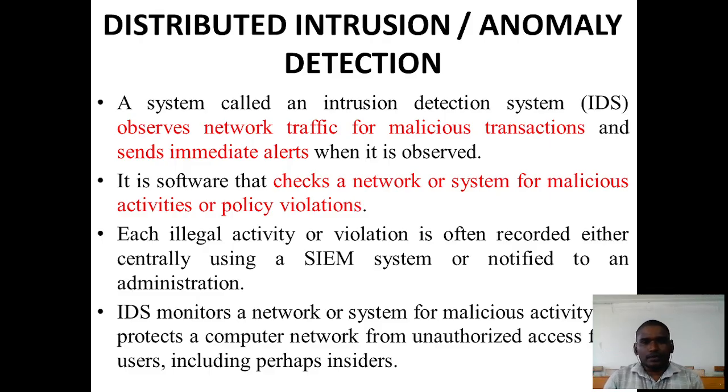That is called the distributed intrusion anomaly detection process. It is software that checks a network or system for malicious activities or policy violations. If any problem occurs in the network, such as malicious activities or violations of rules and regulations, an alert is immediately given to the administrator.